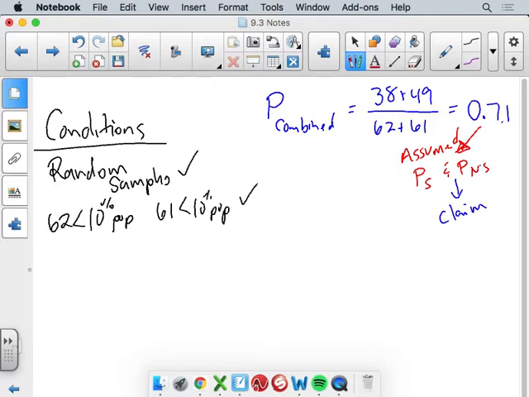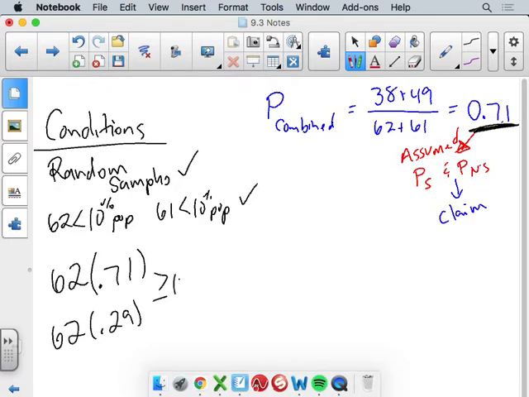And then, is your sample size of 62 times this value over here, the claim, 71%, and 62 times 29%, greater than 10? I actually use this value, the claim. And is 61 times 71%, and 61 times 29%, greater than 10?